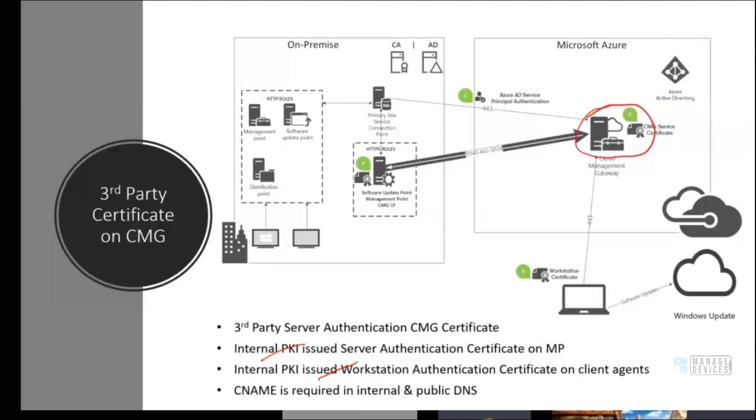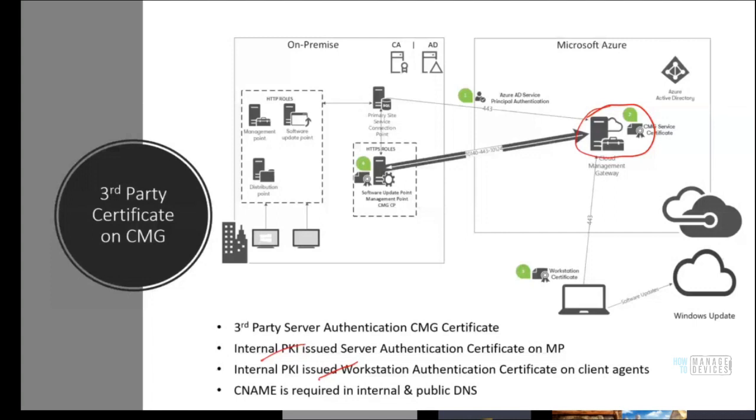But when you deploy the cloud management gateway in Azure, it will be created as CMG name.cloudapp.net. So you need to create a mapping between your intranet FQDN and the cloudapp FQDN. That should be done in your internal DNS as well as in the external DNS. That is a must. Otherwise, with a third-party certificate, the workstations will not be able to find the CMG name.